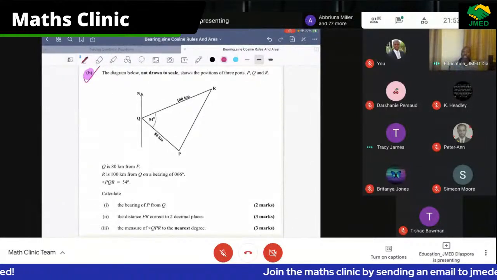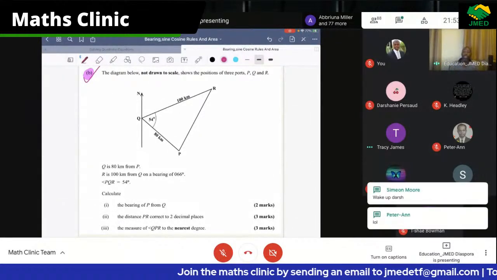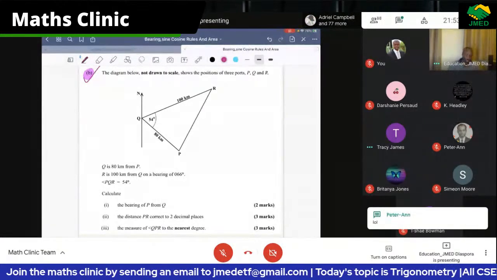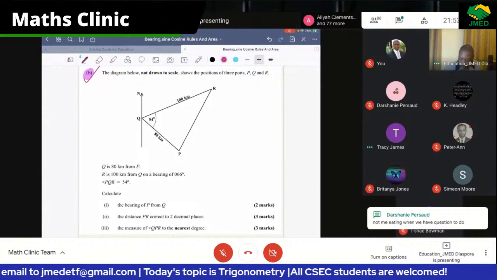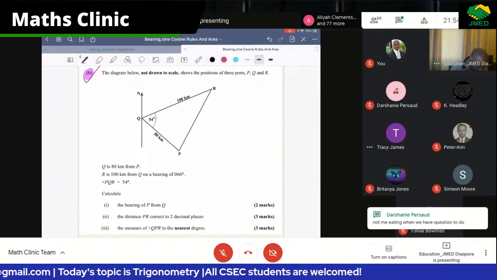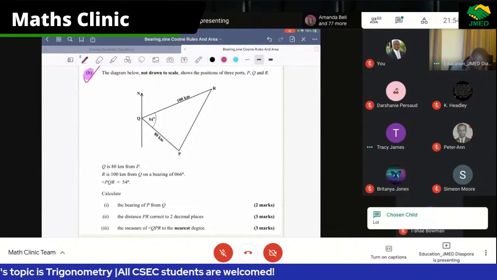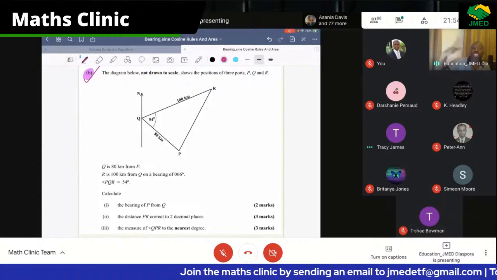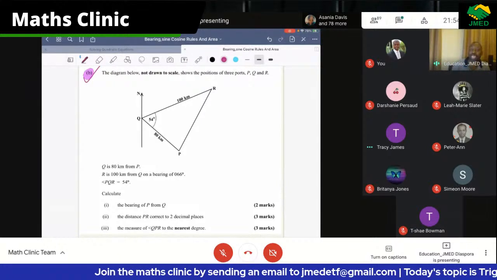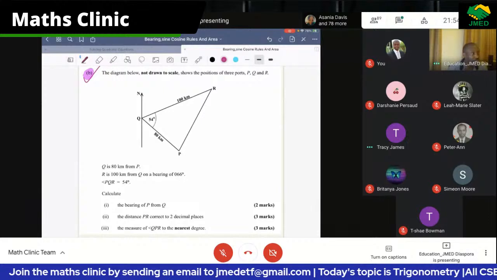Every week we come here, we try something for yourself. Because this is where it's safe to make any errors that you're going to make. You don't want to make them later on, closer to the exam. So you want to stick to that.